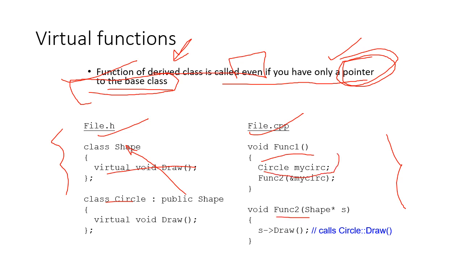My circle is storing the address of it, and we are using a shape pointer s. Then s is telling to draw. That depends upon the question, what this draw specifically means over here. But for now we can say that it is calling the circle draw. This is a command which might be written in other parts of the code.